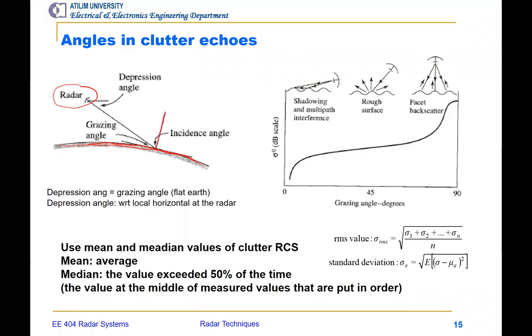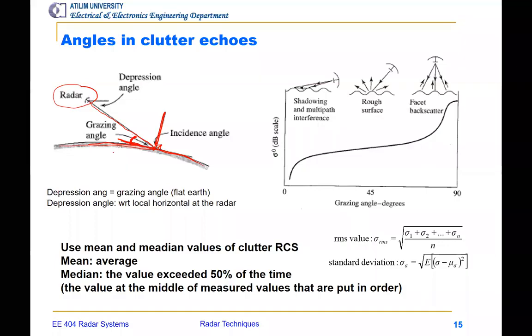Here is the line which is perpendicular to the surface of the Earth, and here is the line from radar to the surface, so clutter, and there is a tangential line here to the surface, and this angle is called grazing angle.